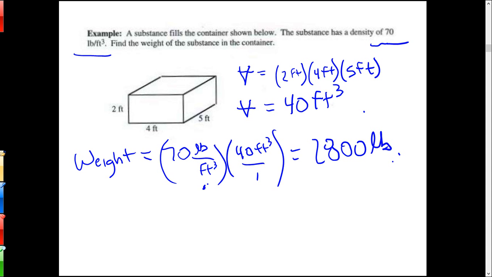Something like 2,800, something like that. Okay, all right.